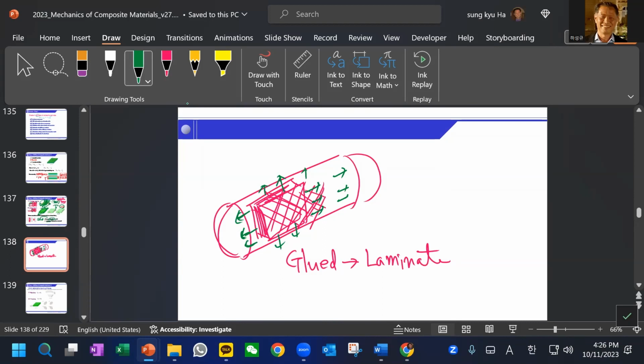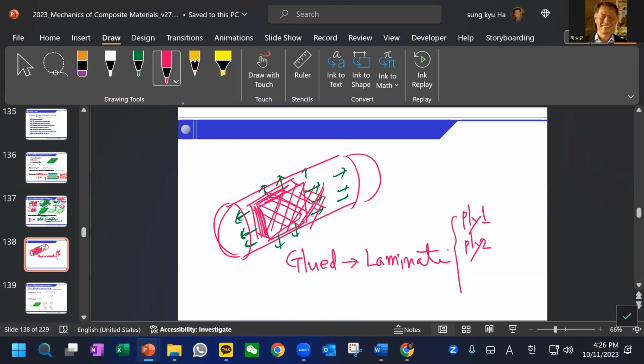We don't know this load yet, but this is what we can imagine: they are glued together, they are a laminate. And now this has a lot of plies. I would say ply 1 and ply 2.